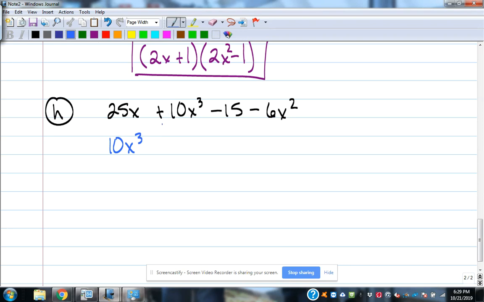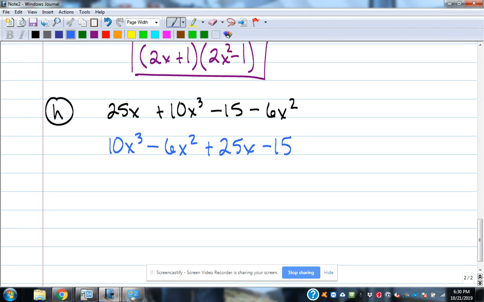What's next? Minus 6x squared plus 25x minus 15. All right, so now we're back in the descending order that we need to be in. So that's going to make factoring easier to do. Not that it's impossible the other way, but it sure is a lot more complicated.